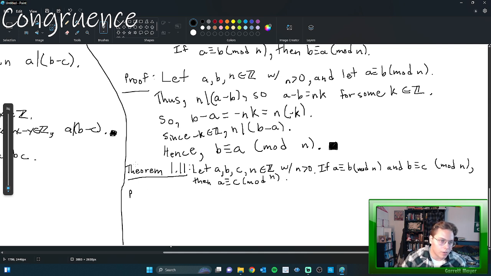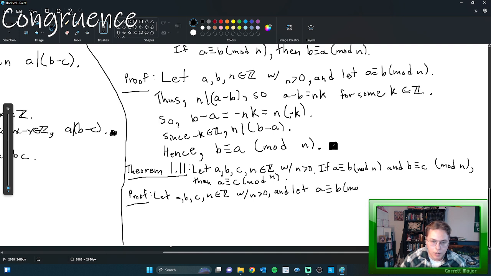And for our proof of this, we're going to start with the first part: let A, B, C, and n be integers with n greater than 0, and let A be congruent to B mod n and B be congruent to C mod n.